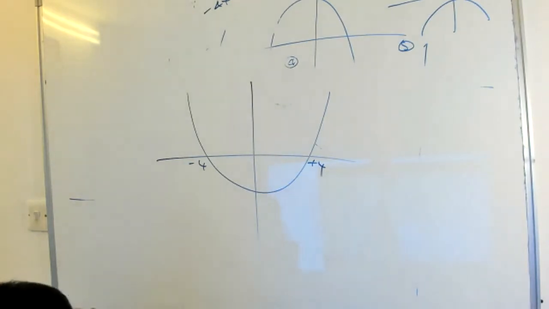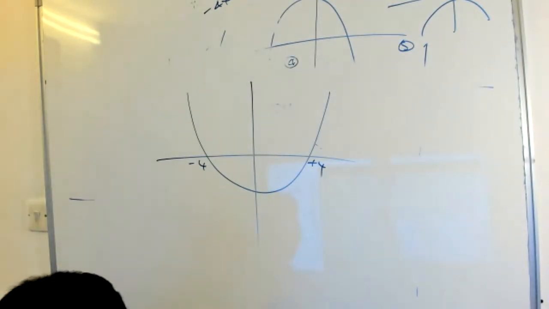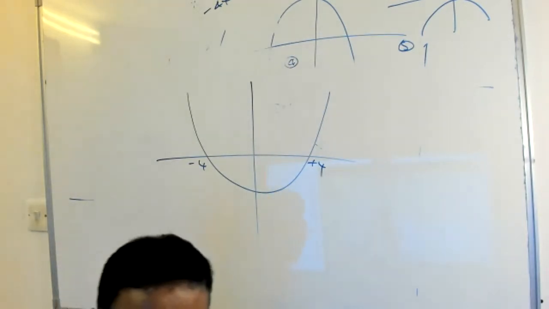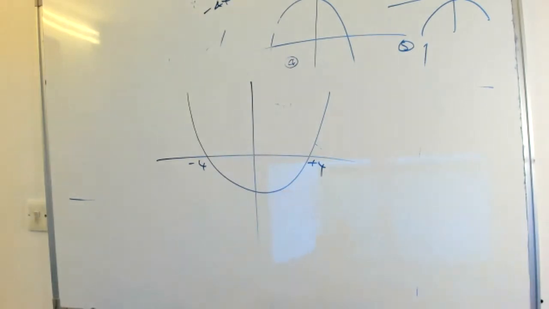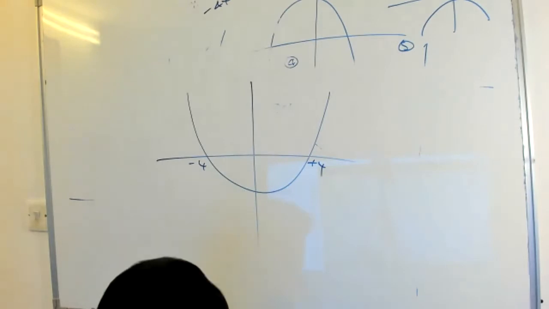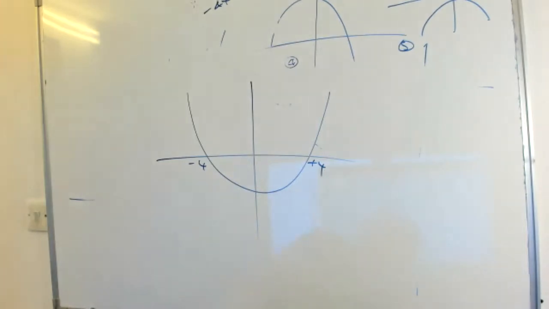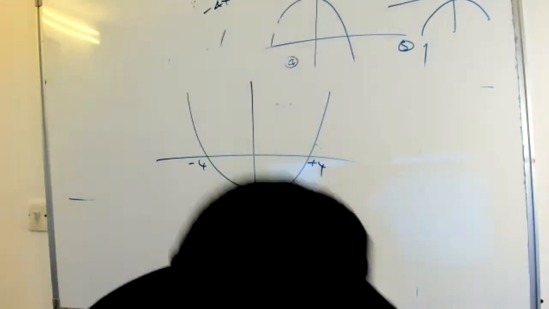Then, Daksh, what are the zeros? Negative 4 and positive 4. Okay. What are the coordinates of the zeros? Positive 4 and 0, and negative 4 and 0. Okay, you don't need to say positive. You just say 4, 0 and negative 4, 0. That's enough.